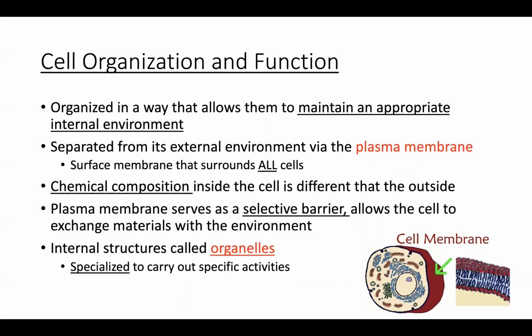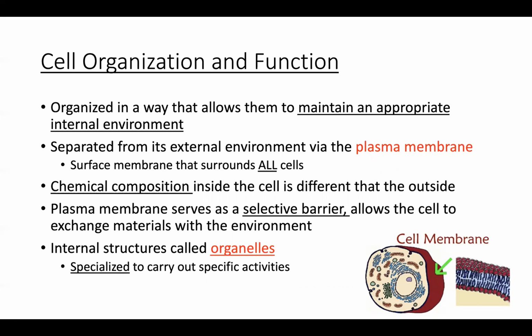Okay, one of the ways that the cell is able to achieve that goal is by being separated from its external environment. And so the plasma membrane is the structure on the cell that's responsible for separating the external environment from the internal environment. Okay. And so this plasma membrane is essentially a surface membrane that surrounds all cells.